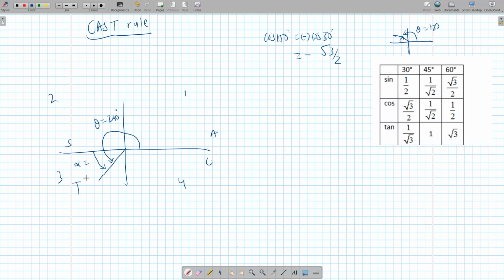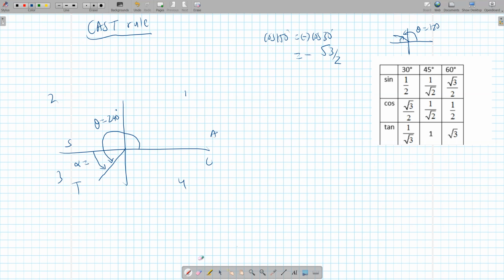If our principal angle is 240, what is our acute angle? I think I'm confused.